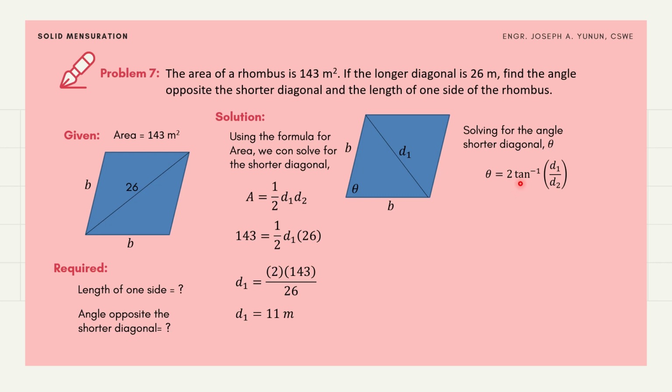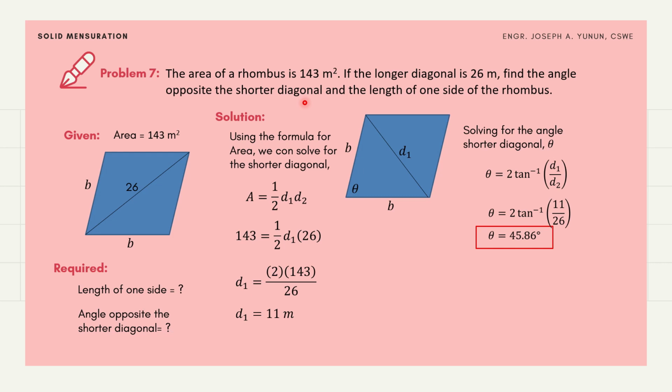That is twice the arctan of the ratio of the shorter and longer diagonal. So substituting the values, shorter is 11, D2 is longer, which is 26. Using your calculator, theta is 45.86 degrees. So that is the angle for the shorter diagonal.